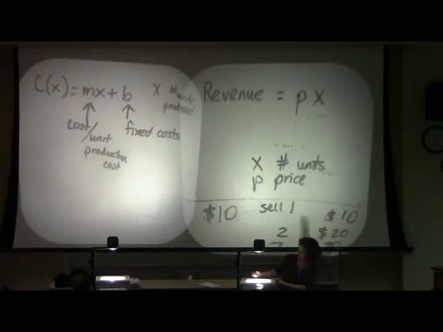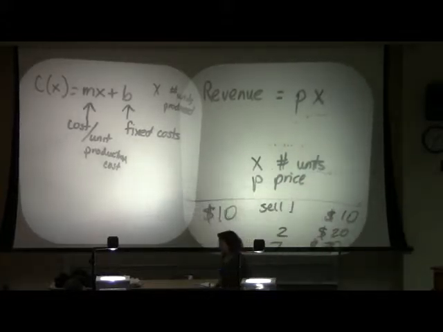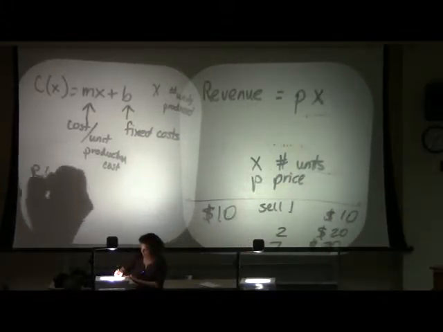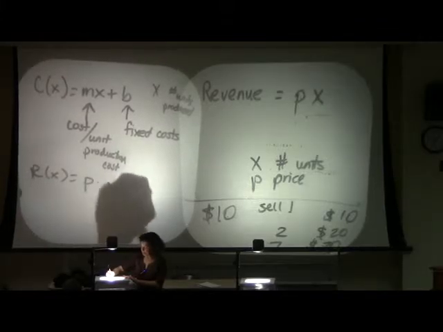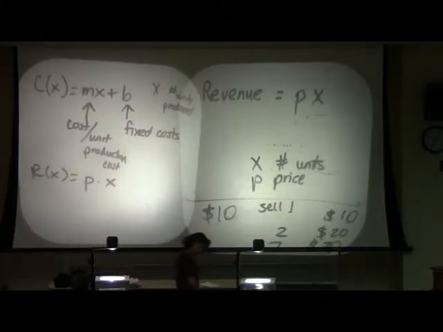If I sold 1 times 10 gave me 10. 2 times 10 gave me 20. 7 times 10 gave me 70. You with me there? Okay, that's another function you gotta know. So R of X is the price per unit sold times the number of units sold.